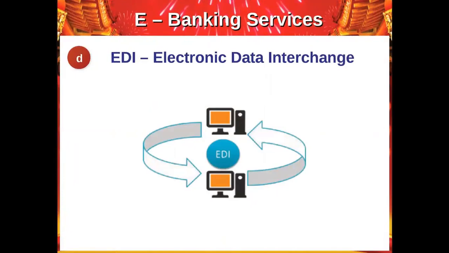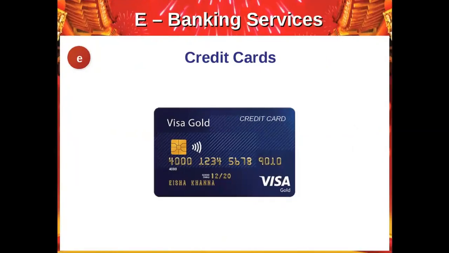EDI, electronic data interchange. This is the network through which all this e-banking works. Then credit cards, you all know what a credit card is. You don't have money in your account and you're using a credit card.